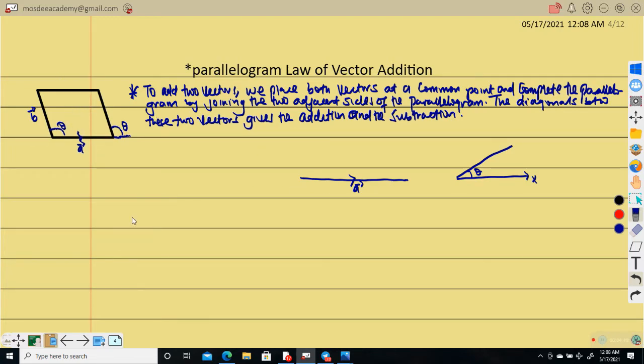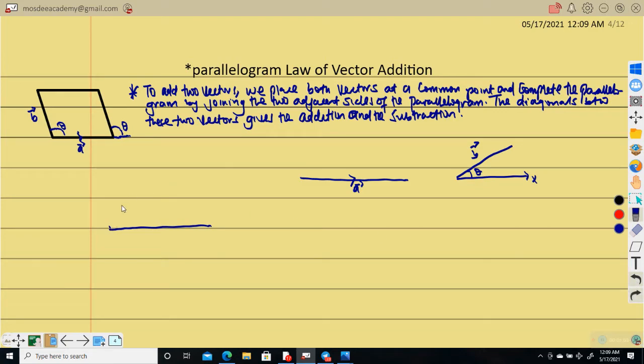Now, what we do in physics is we have the first one, then we join the direction, this is B. We now join this one in this format. As you can see, my dear students, we form something like this. Diagram not drawn to scale.